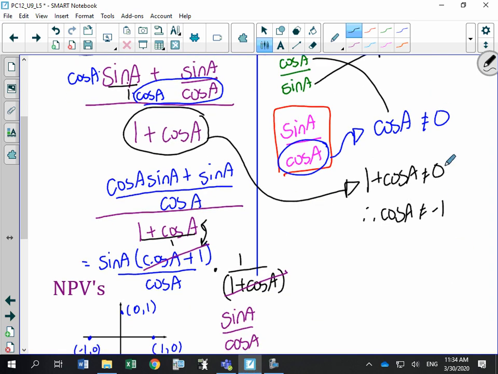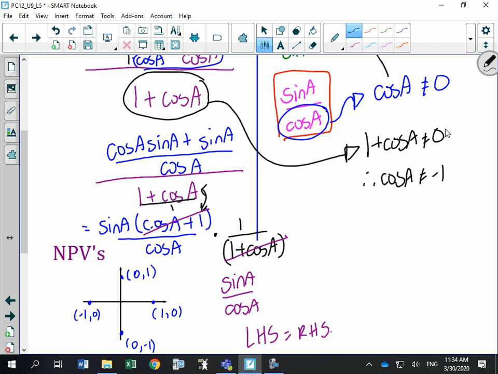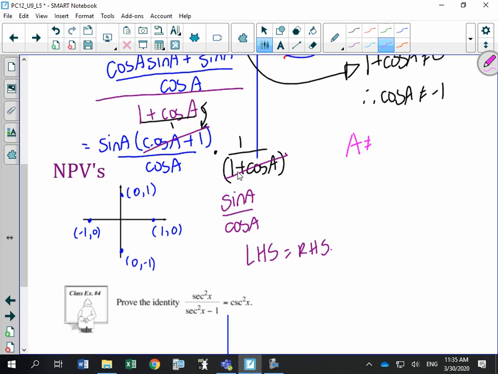Okay, so where cos of A is equal to 0, we'll start with that one. Cos of A is equal to 0. A cannot be equal to, so let's find out where x is 0. Pi over 2 and 3 pi over 2, right? So A cannot be equal to pi over 2 plus pi n, and n belongs to the set of integers.